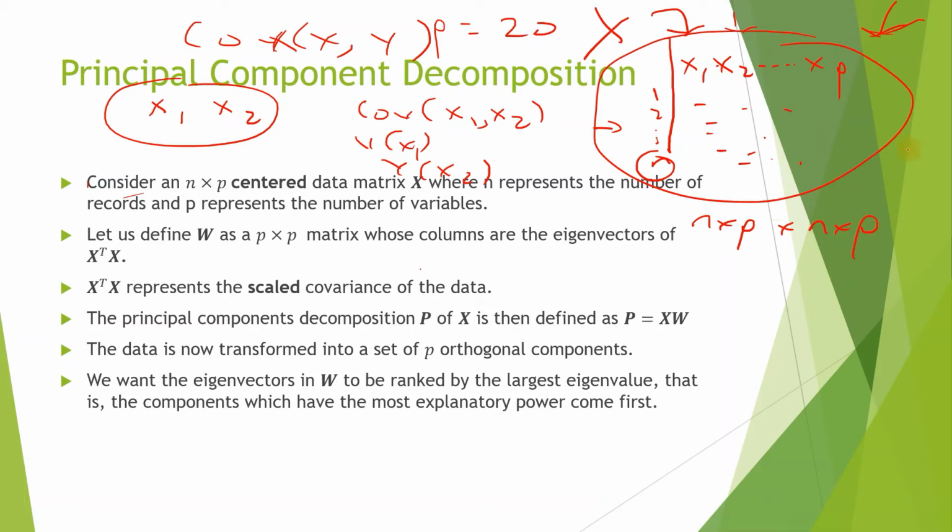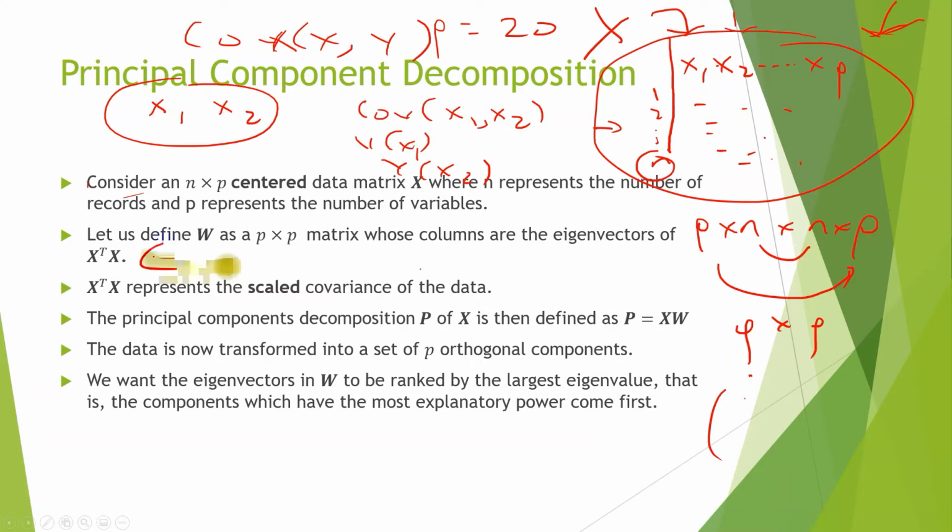That doesn't make sense. This is why you need to take the transpose of the matrix, which is a p by n now, multiplied by n by p, which yields a p by p matrix. Which means that if you have two variables, you will have a 2 by 2 matrix. If you have three variables, you will have a 3 by 3 matrix. And it goes on like that. So this is what you get, a covariance matrix.